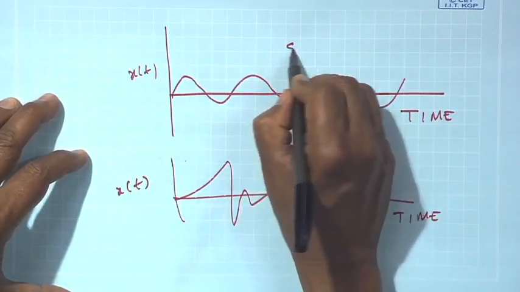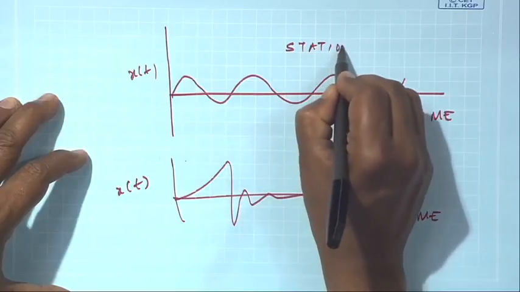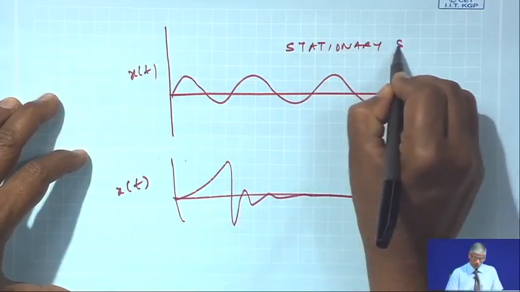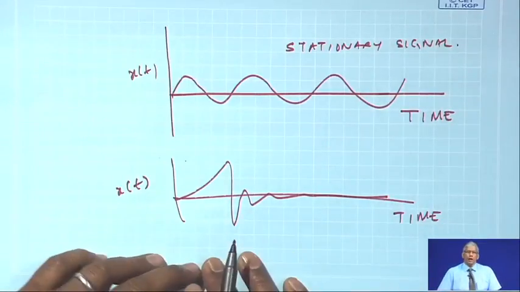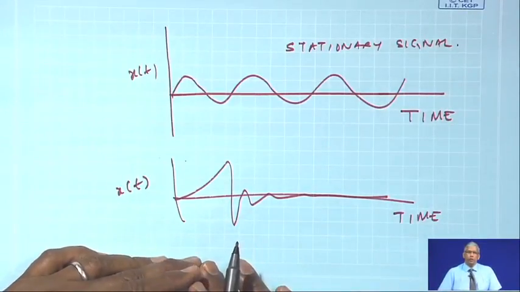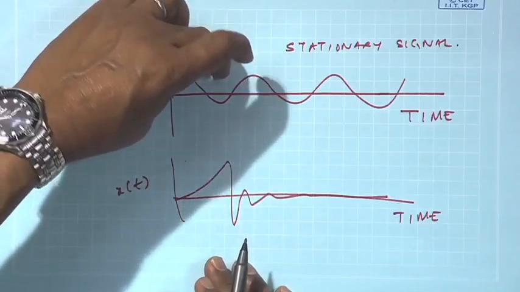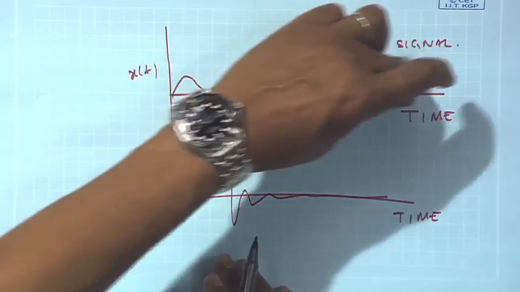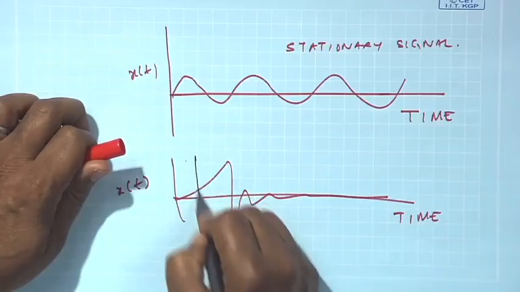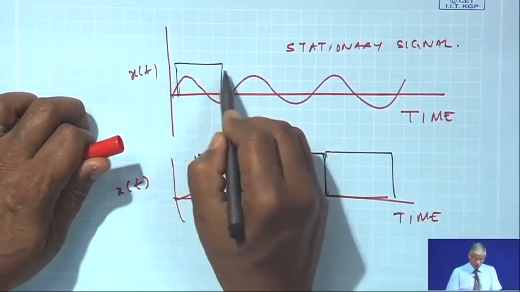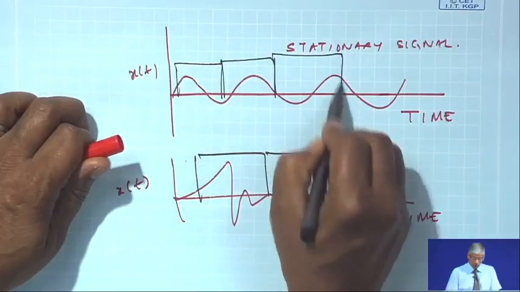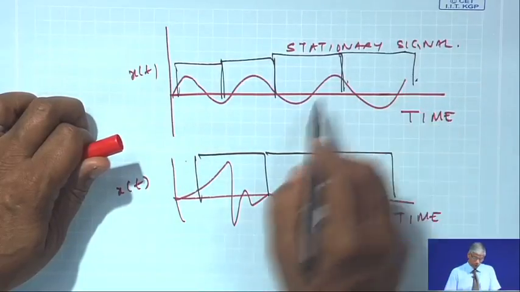So, this is a stationary signal, and the definition of a stationary signal is that the time domain ensemble properties of the packets of the signal do not change with time, whereas in this signal you would have seen that the values change, which is not true in this case, and so on.